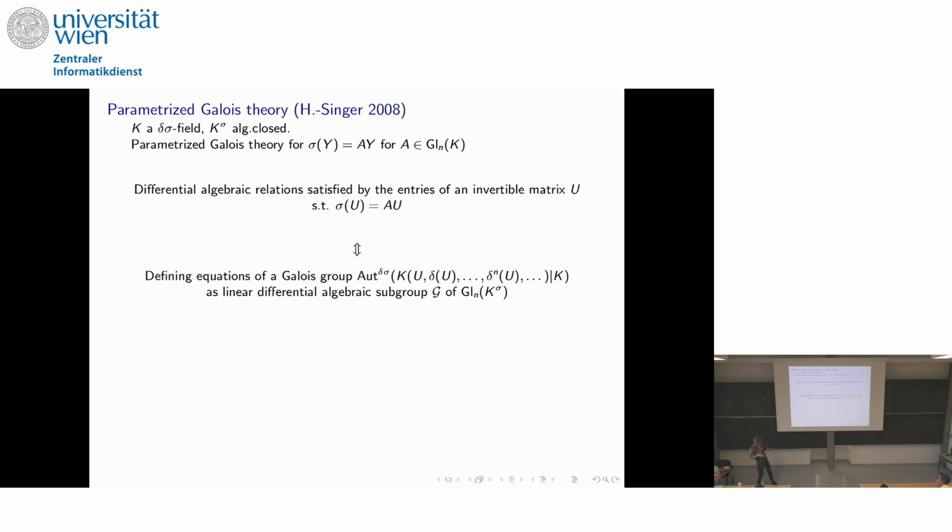And then you can do almost the same process as before. You can represent it as a subgroup of the group of invertible matrices with constant coefficients. But this time, this group will be given by polynomial differentially algebraic relations. Okay?